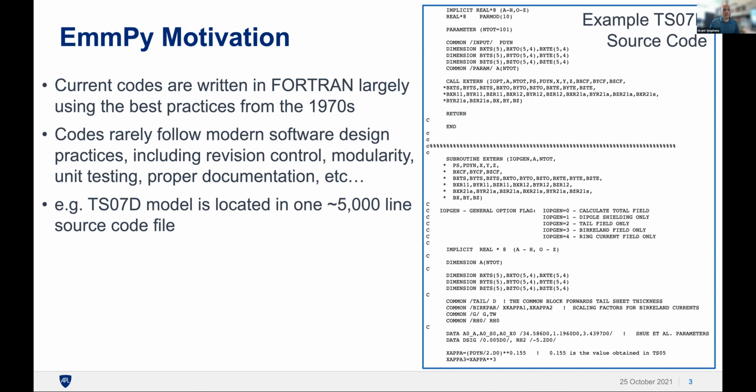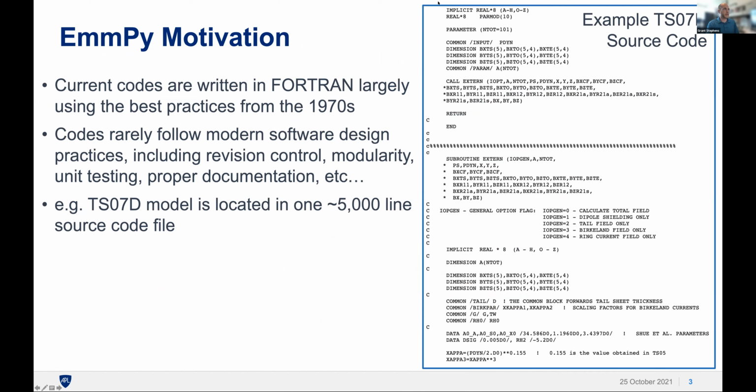So our motivation behind this was that most of these models, even though they're widely used in the heliophysics community, were mostly written in Fortran, using the common coding practices of the 1970s. They're kind of frozen to that era of software design and practices.